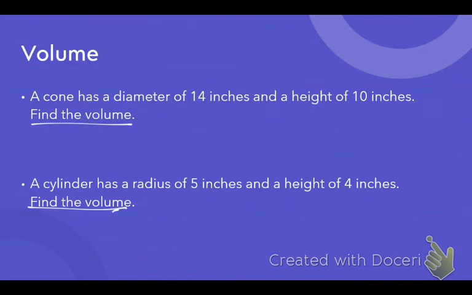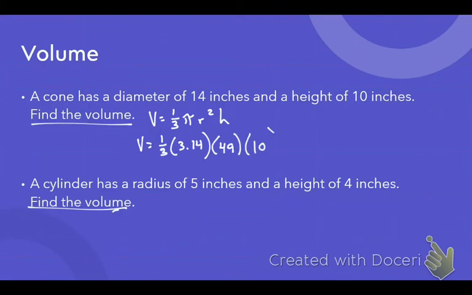Okay, cone volume equals 1/3 pi r squared h. So volume equals 1/3 times 3.14. What is my radius? 7. So what is 7 squared? 49. And what is the height? 10.